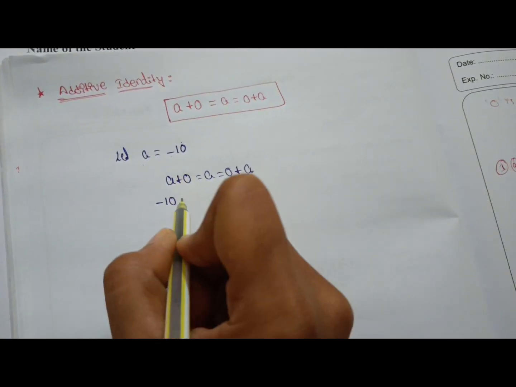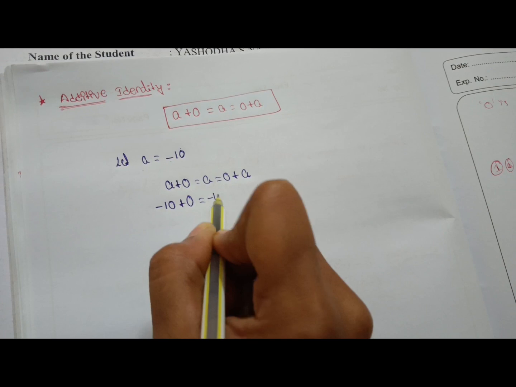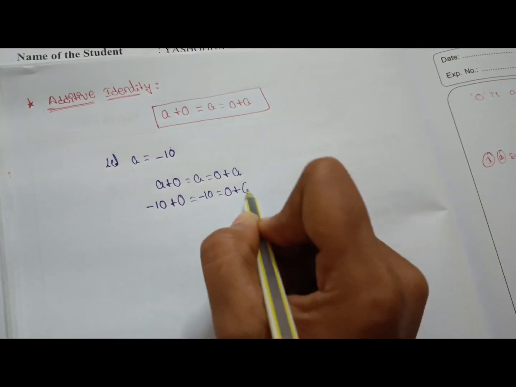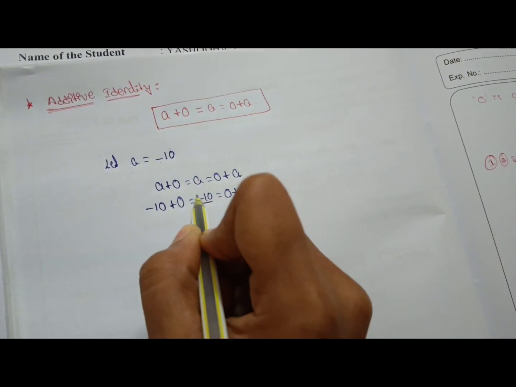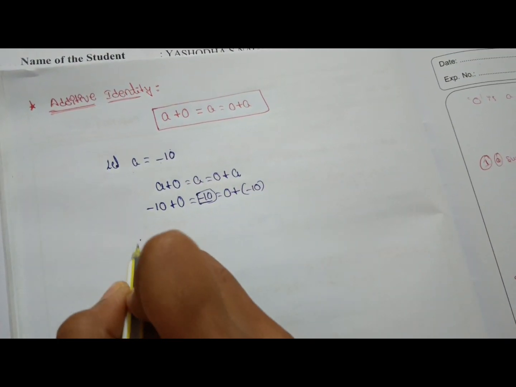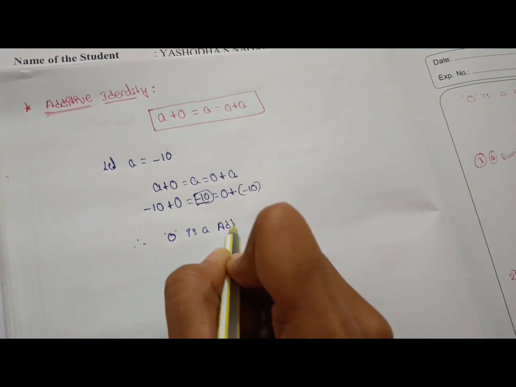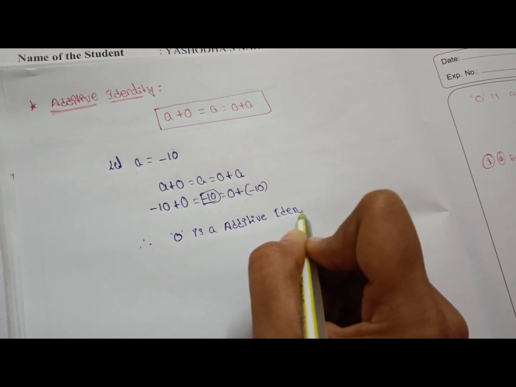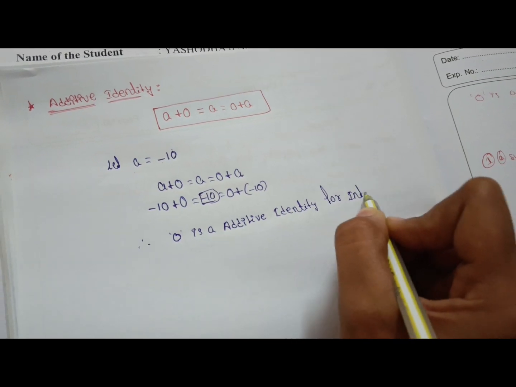Minus 10 plus 0 is equal to minus 10. 0 plus a is minus 10. This is also equal to minus 10. So we can conclude that 0 is a additive identity for integers. This property is also satisfied for integers. That's it.